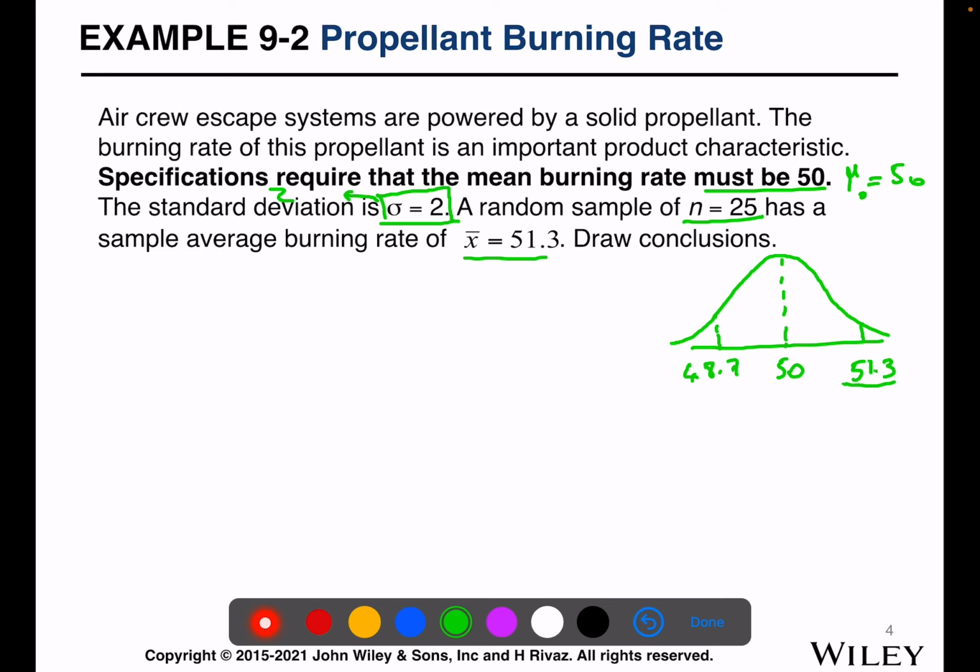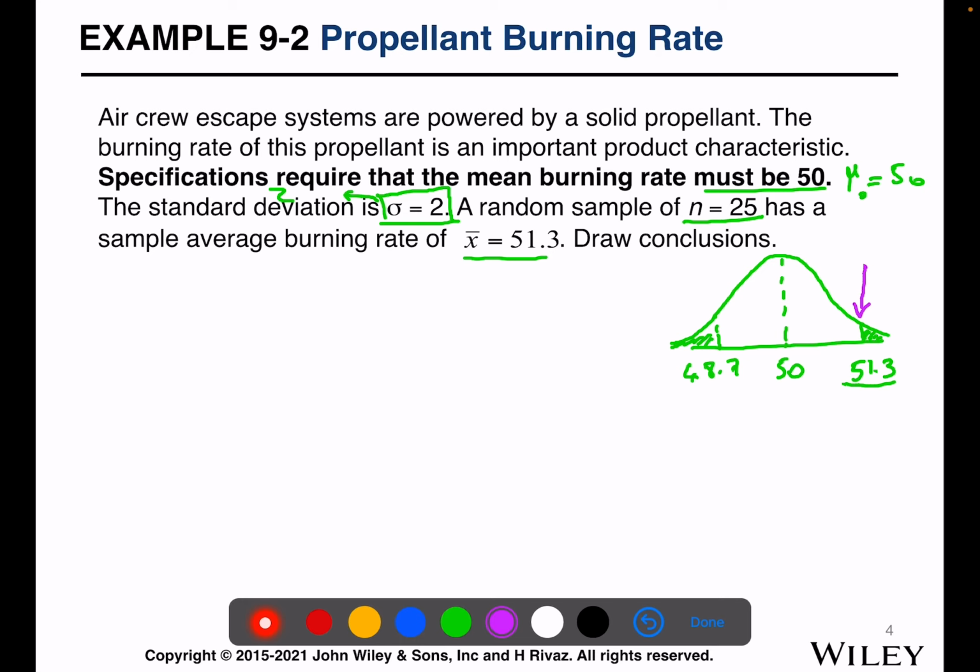Okay. So in other words, we want to calculate the probability of these events happening, the colored area. Why don't I just look at this number itself? Why don't I say, what's the probability of getting 51.3? Because we are working with continuous random variables, right?